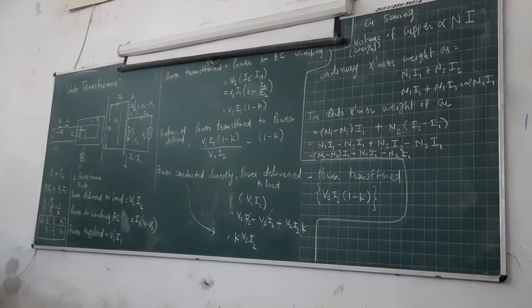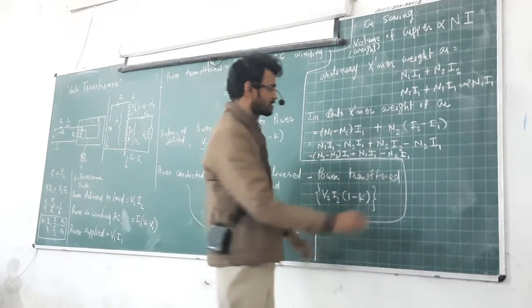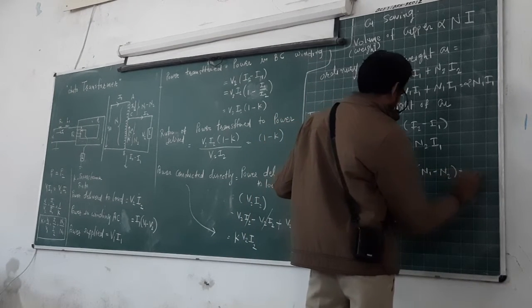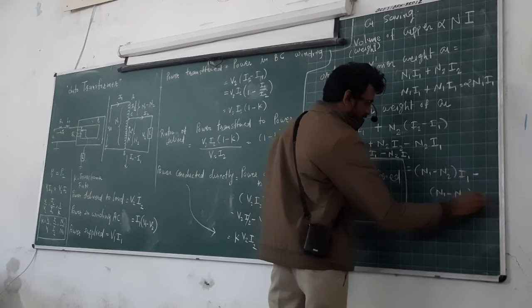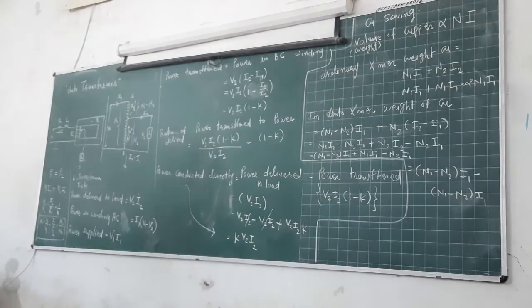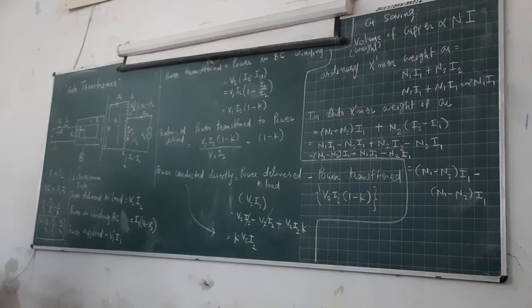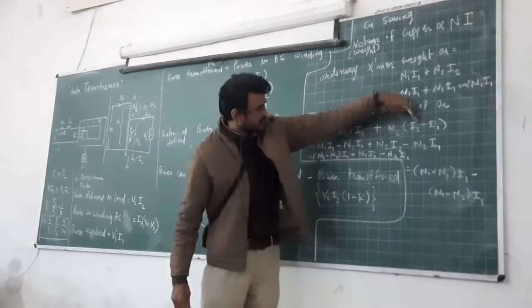So what will happen from both sides? I can take N1 minus N2 common here, and here also N1 minus N2 common. So N1 minus N2 times I1, minus, here also N1 minus N2, and the current is N1 for both. So N1 minus N2 times I1, here N2 I2, negative N2 I1.